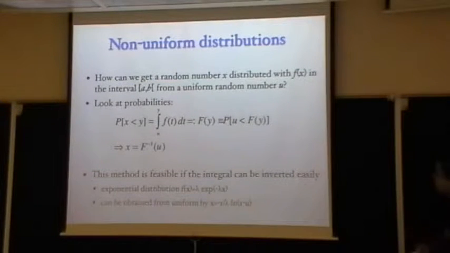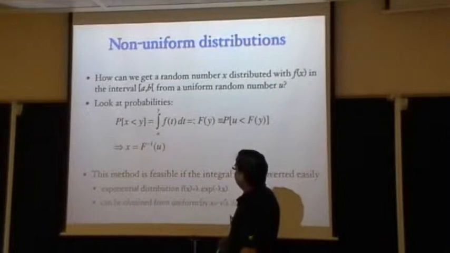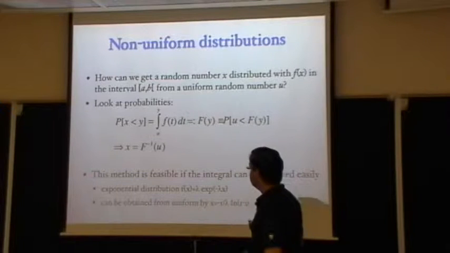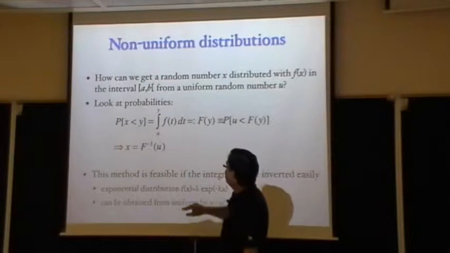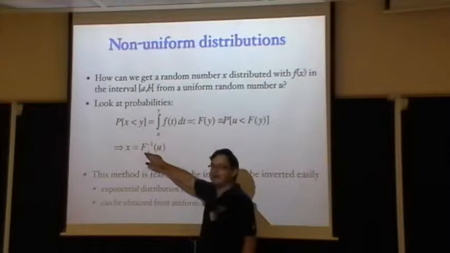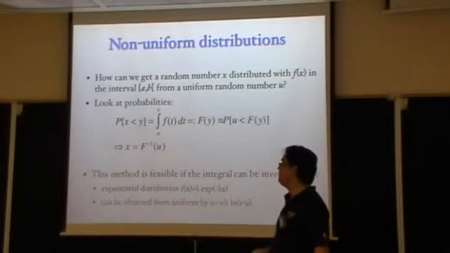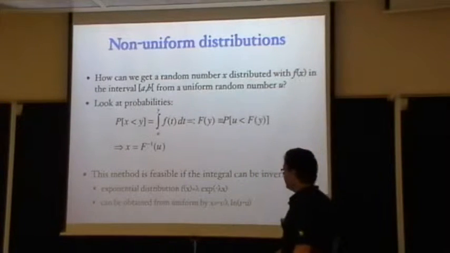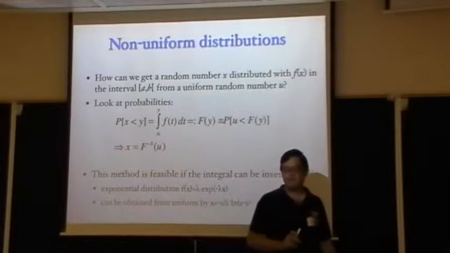We can use that to identify the f distributed number x with the inverse function of the integral of the distribution, the function f evaluated at a uniformly random location.